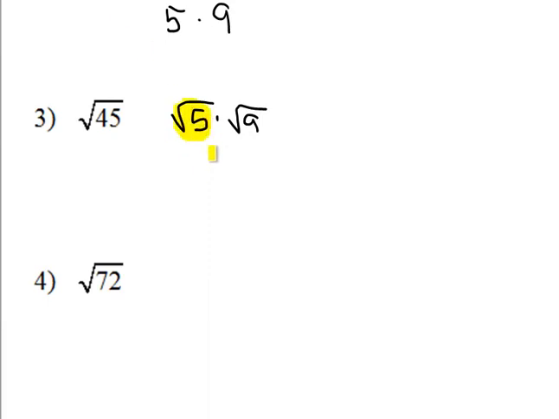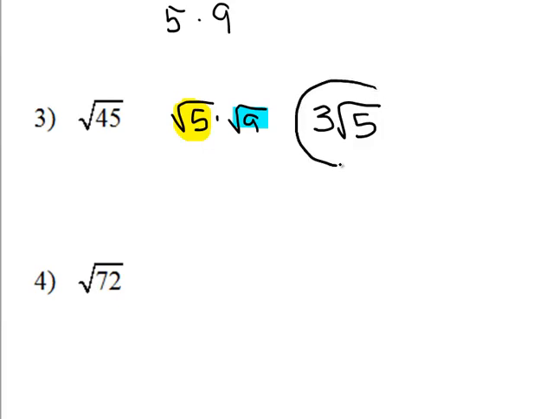It's not a perfect square, so it's going to stay the way it is. However, 9 is a perfect square, so we can do some more here. So I'll end up with the square root of 9 is 3 times the square root of 5. And the 5, again, is taken down as far as we can go.